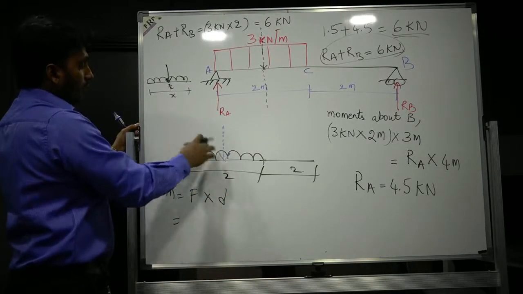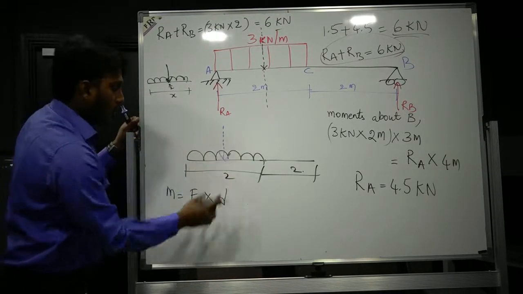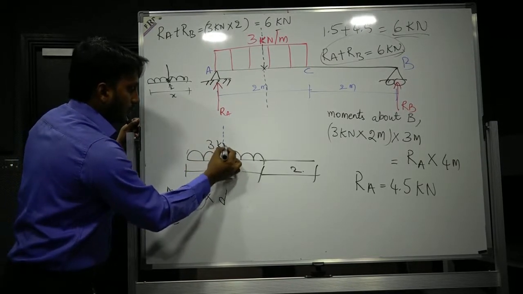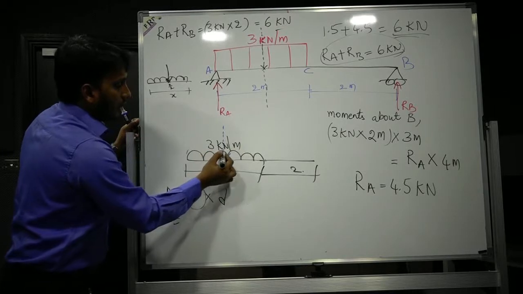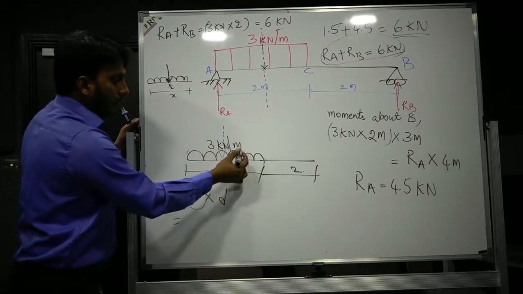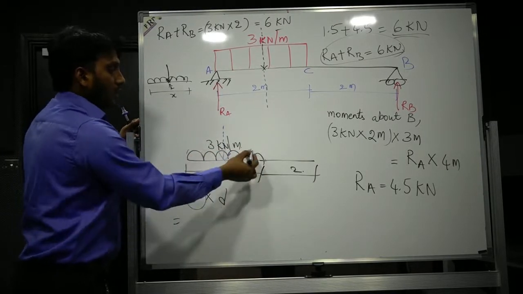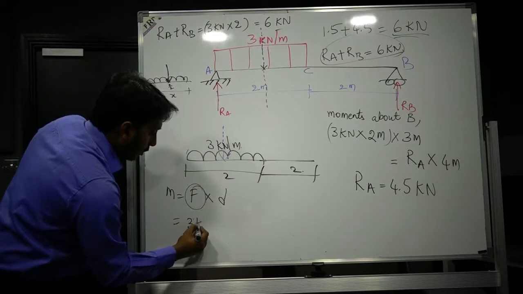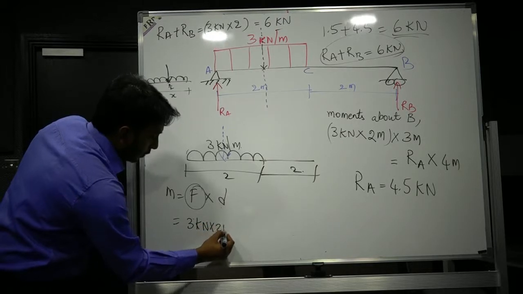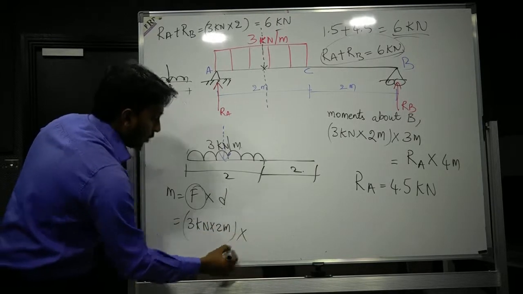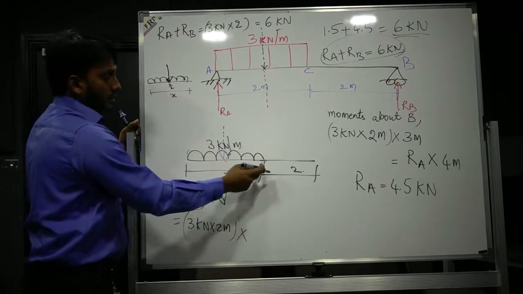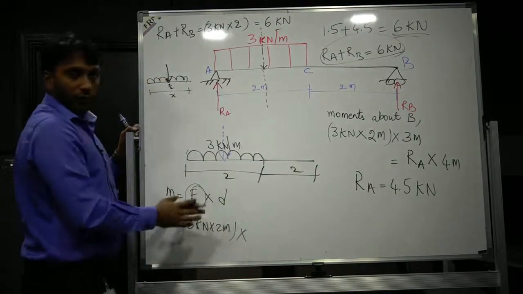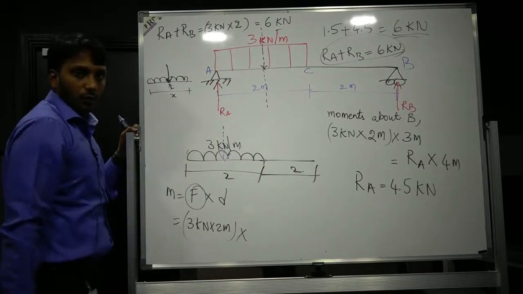In this uniform load, the force is the load acting, clearly defined as 3 kilonewton per meter. The length is 2 meters, so the force will be 3 kilonewton into 2 meter. The distance from A is 1, and from B it is 3. If you understand this concept, you can solve this problem.